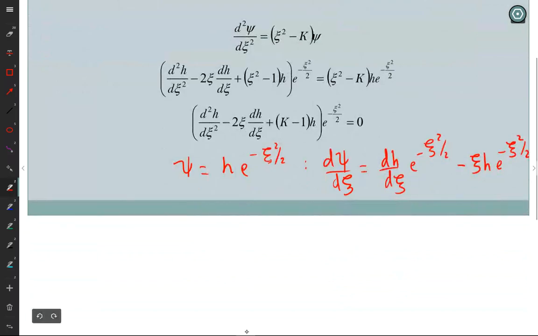The second derivative is then going to require me to use the product rule a few more times. I had to do this twice to make sure I did it right the first time, well, the first time in preparation for the lecture. So I'm going to take the derivative of the first term and have d second h dc squared e to the minus c squared over 2, plus the first times the derivative of the second.